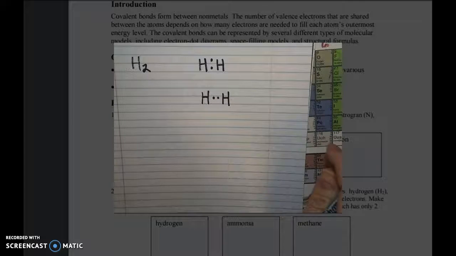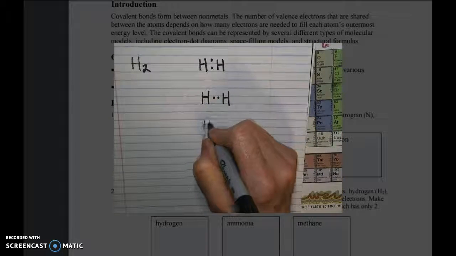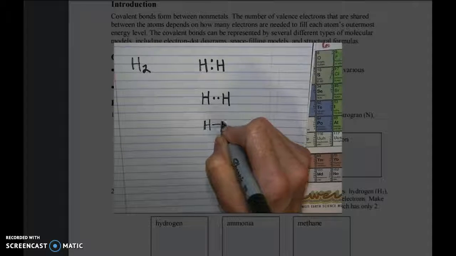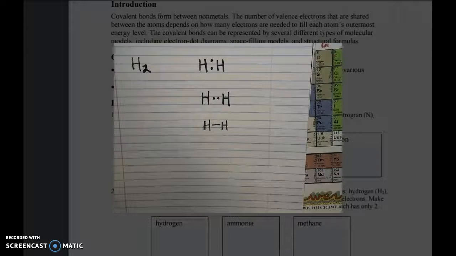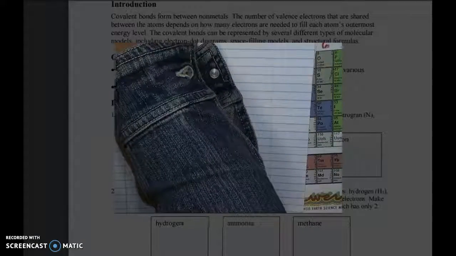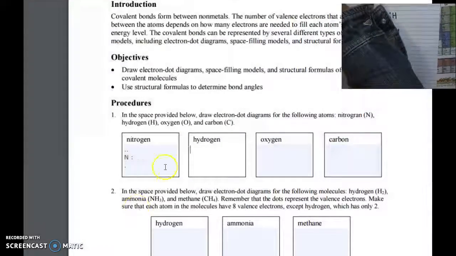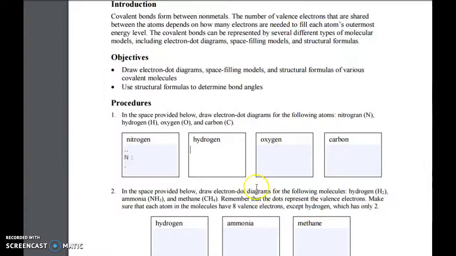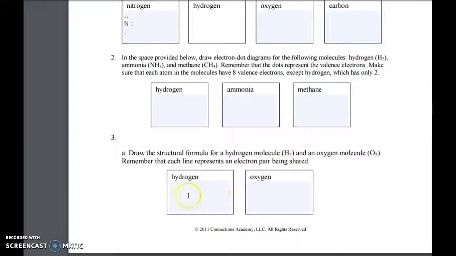So I can actually draw this like connecting the dots, making a single bond. And if I go to the next part of the activity, it's going to have you do that. Make the single bond here.